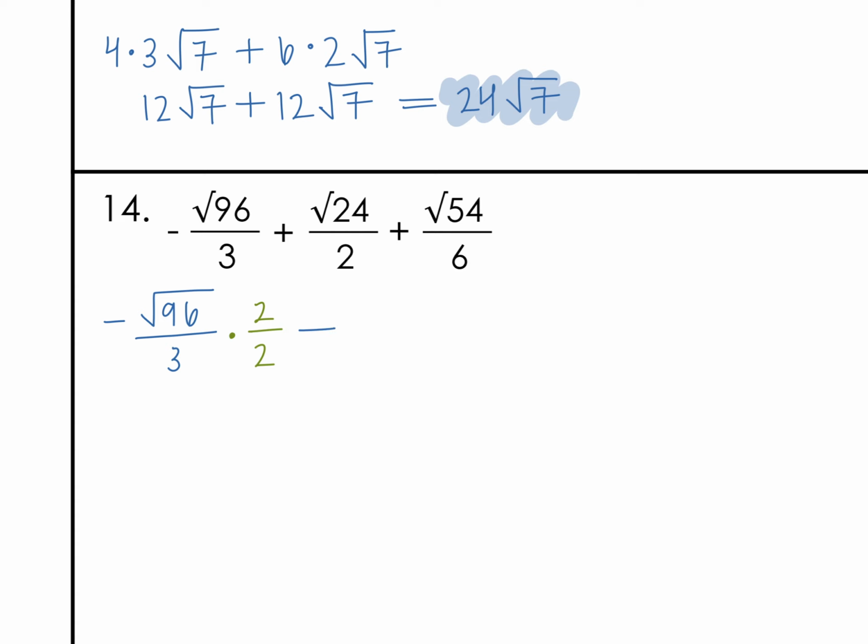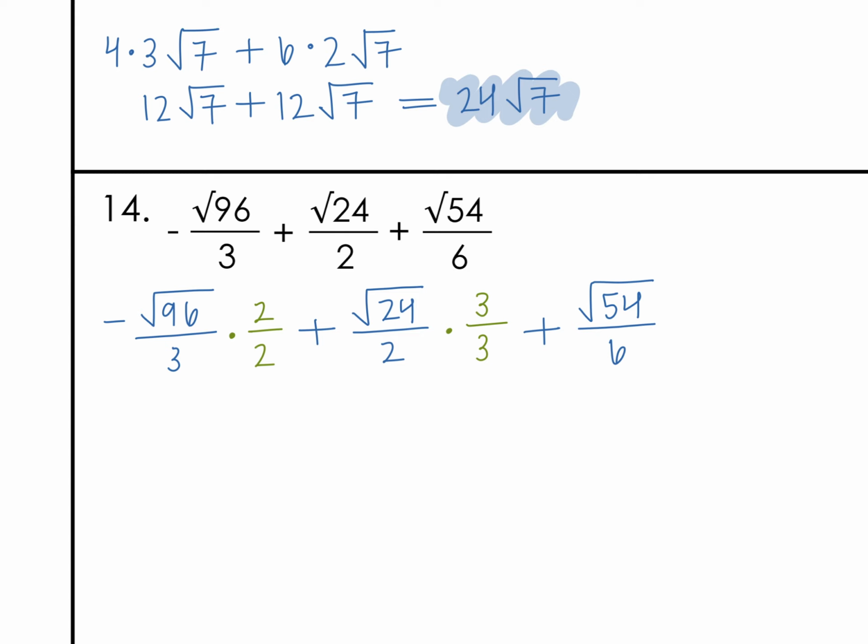Then I'm going to add the square root of 24 over 2. And I need to multiply this so that I can get that 6 in my denominator by a 3 over 3. And then we'll have that plus the square root of 54 over 6, which this one I don't need to worry about because we have that denominator of 6 already.